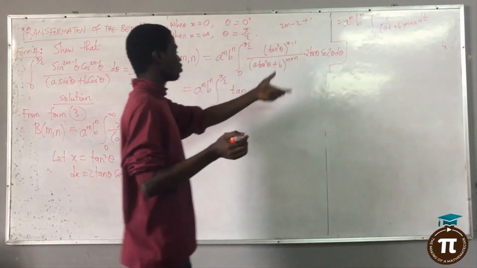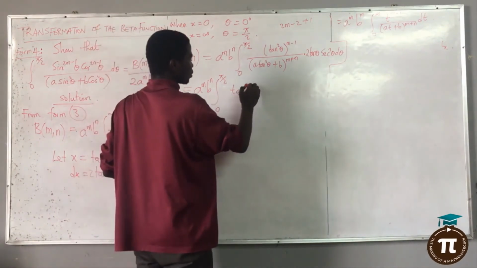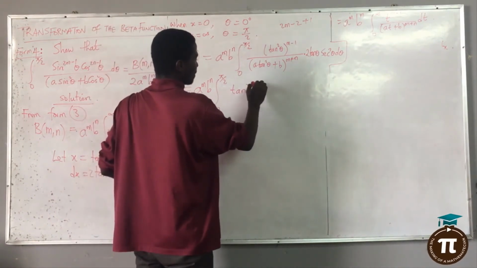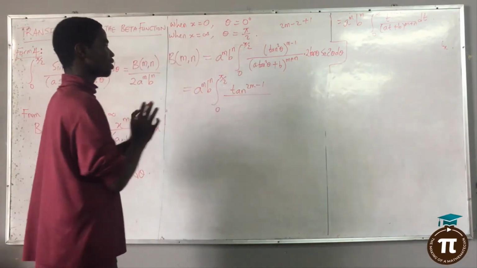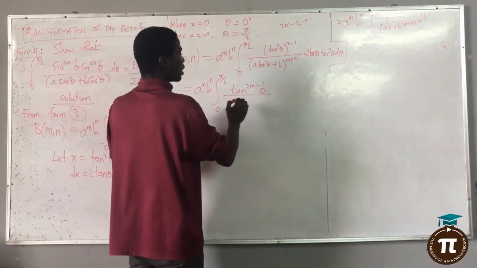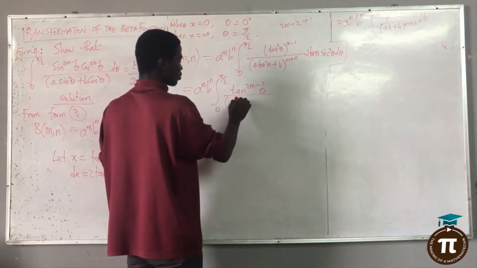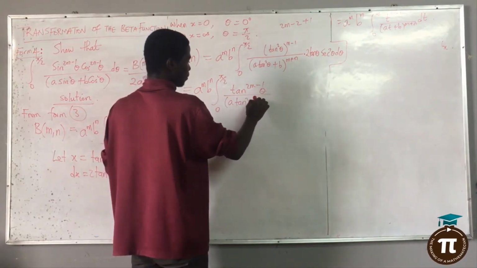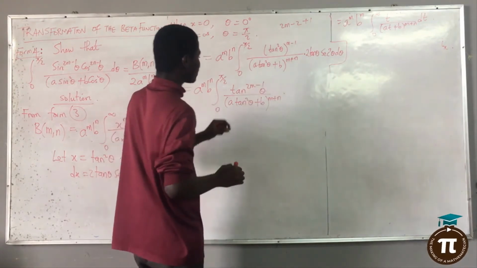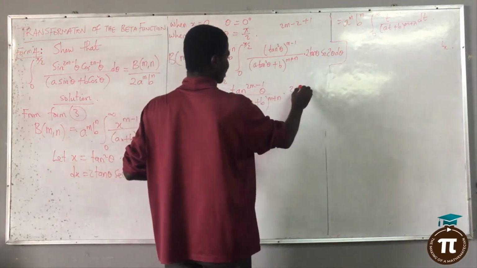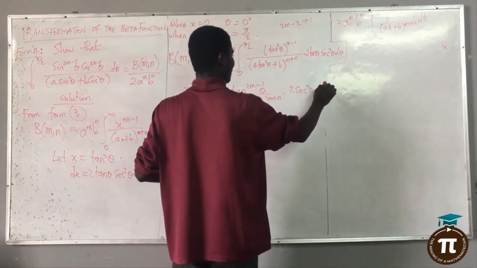That is 2m minus 1. So that is tan to the power of 2m minus 1 theta over, this one will still be a tan squared theta plus b, raised to the power of m plus n, multiplied by 2 sec squared theta.